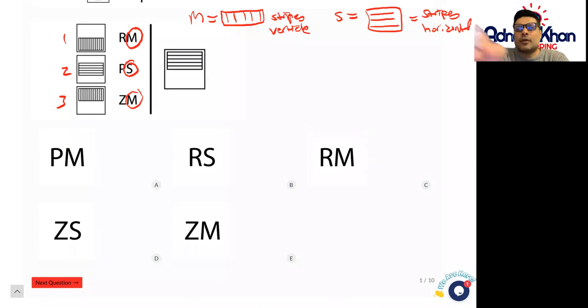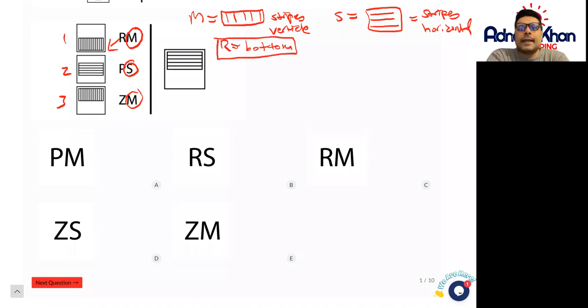Okay, now R, P and Z. We can see from R that the pattern is right at the bottom of the box. So let's just write that down. Bottom of the box, okay?